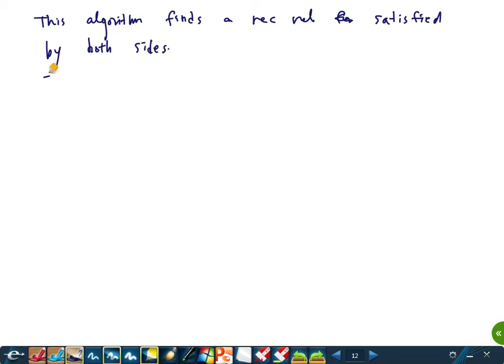So if you say F of n, left-hand side or right-hand side, then the program will show that F satisfies this.